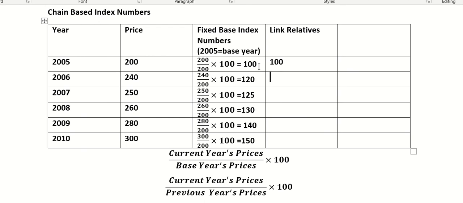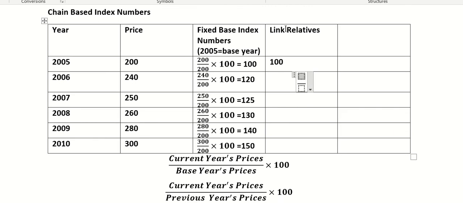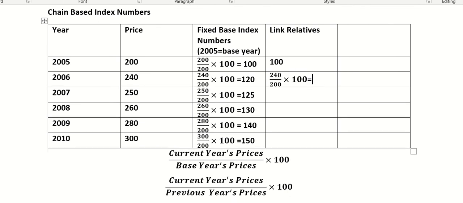So here it will remain the same. Now the current year is 240 and previous year is 200 into 100, and it comes as 120.